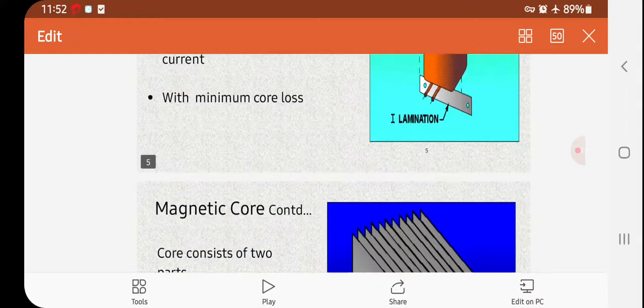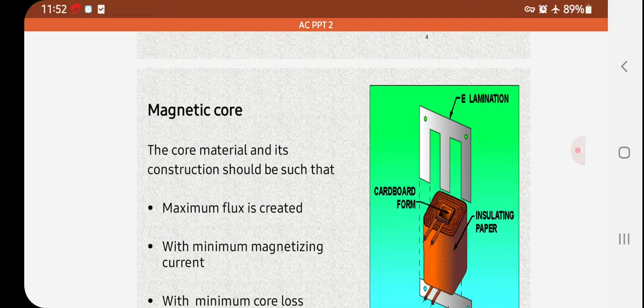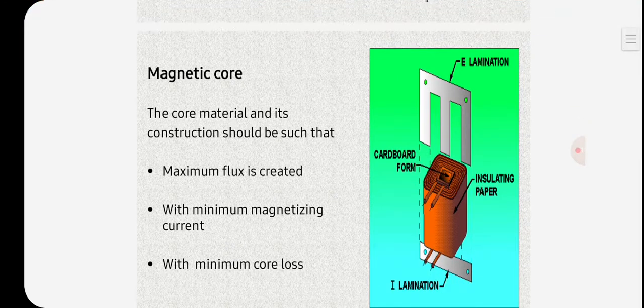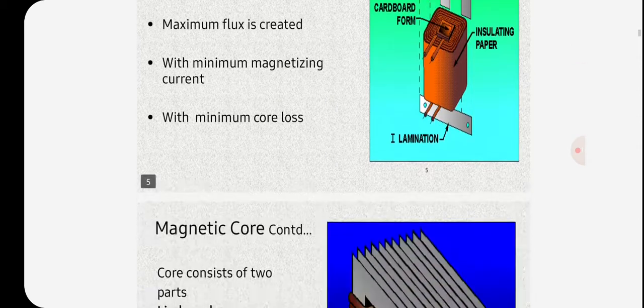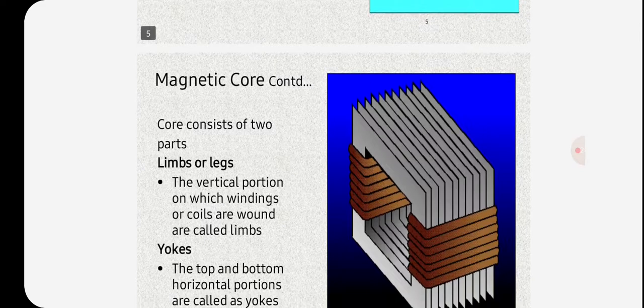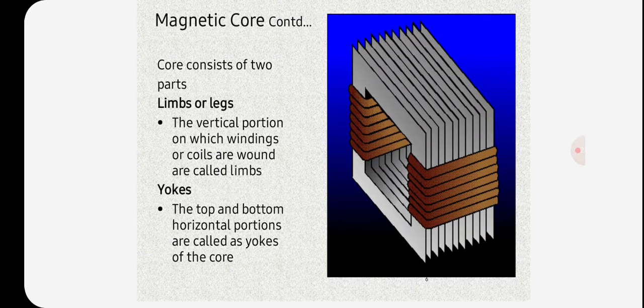The core material and its construction should be such that the maximum flux is created with minimum magnetizing current and minimum core loss. Core consists of two parts, limbs or legs and yoke.